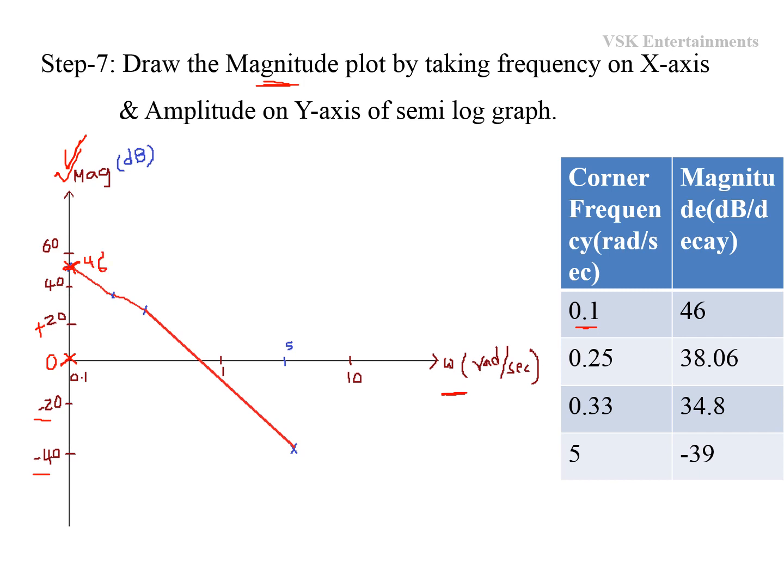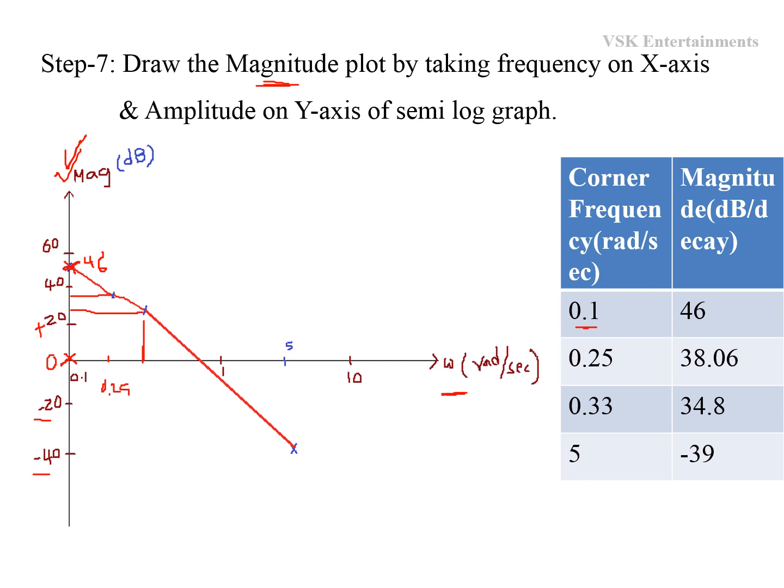Similarly, the second corner frequency is 0.25. In between 0.1 and 1 we have 0.25. At 0.25 the magnitude is 38, so nearly here we have the magnitude. Similarly, at 0.33 the magnitude is 34.